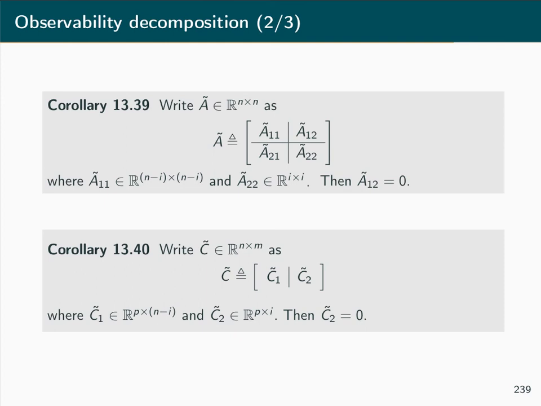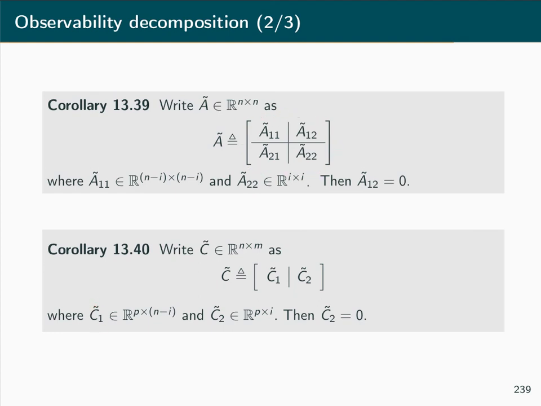Similarly, in corollary 13.40, we can partition C tilde into C tilde 1 and C tilde 2, where the dimensions of C tilde 1 and C tilde 2 correspond to those of the partitioning of the matrix A tilde.